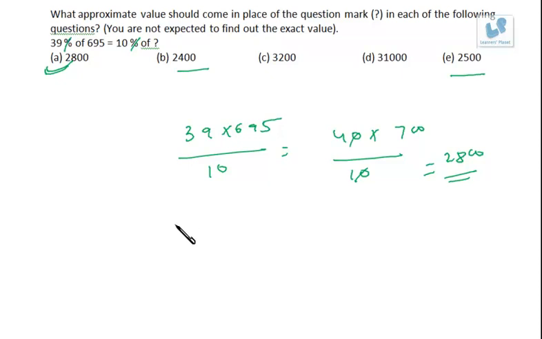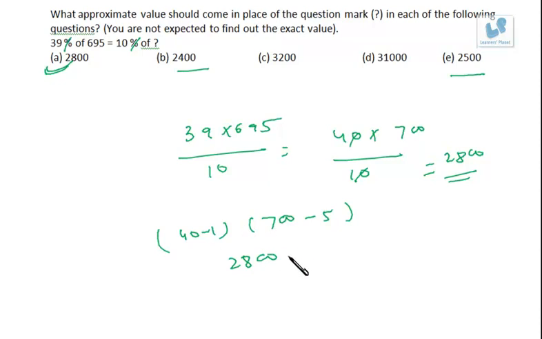And if you wish to be sure of why I'm doing this, we can use the distributive property here, and you will get how far we are from the actual answer. So this is 40 minus 1 and this is 700 minus 5, right? So this is 700 into 40, and we have to divide it by 10 also. So 700 into 40 is 28,000. So we got 2800.